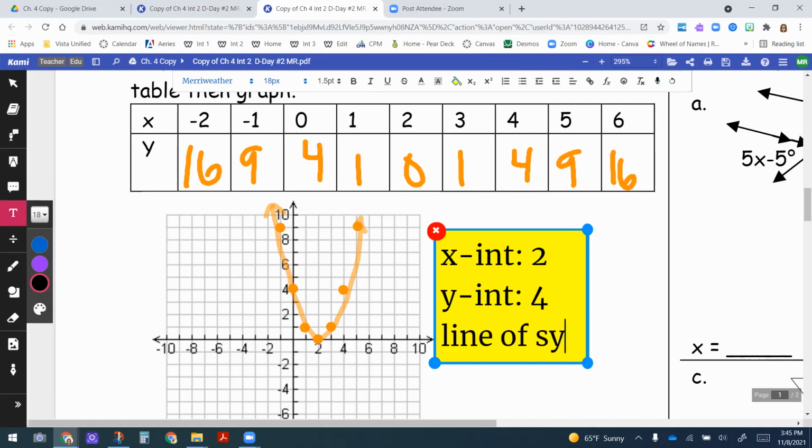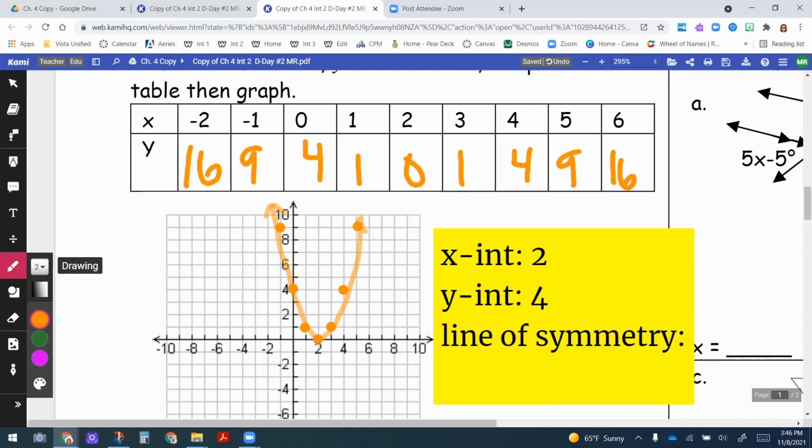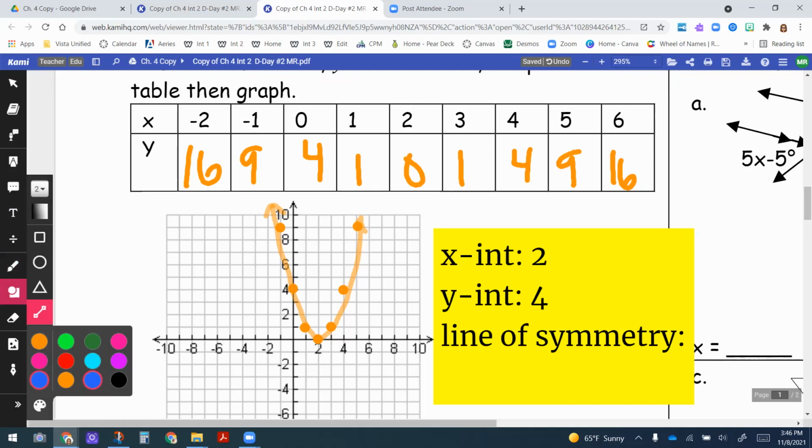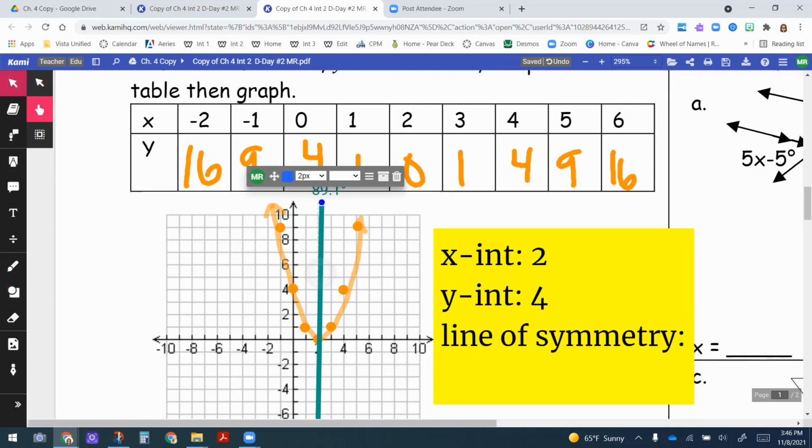Line of symmetry. And the line of symmetry is a line that goes through the center of this graph. And so that line of symmetry would be right here at x equal 2. Okay.